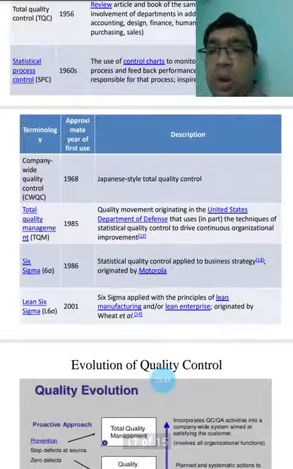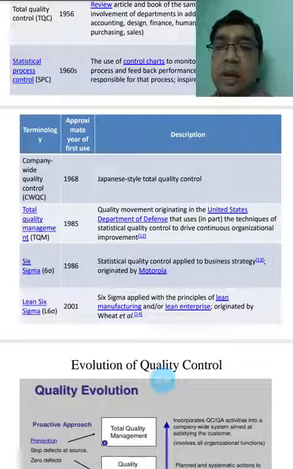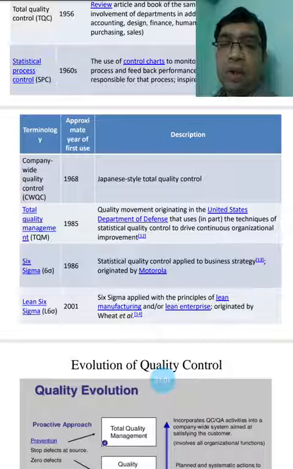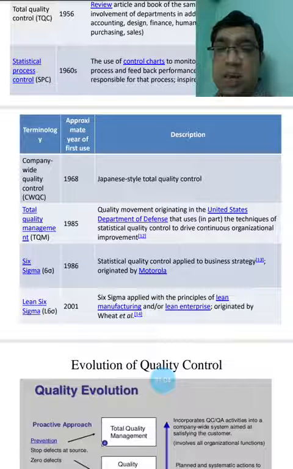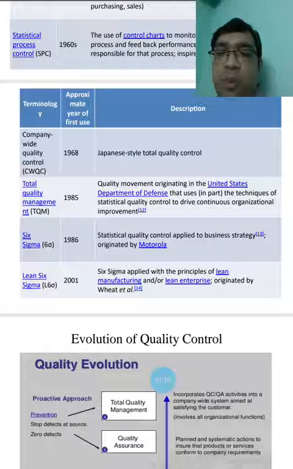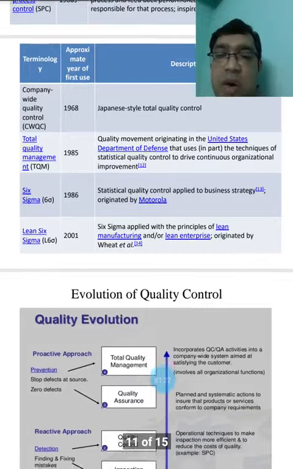And total quality management, in 1985, was a quality management movement organized in the United States Department of Defense that uses in part the techniques of statistical quality control to drive continuous organizational improvement. Six Sigma came in 1986, a statistical quality control applied to business strategy, organized by Motorola.